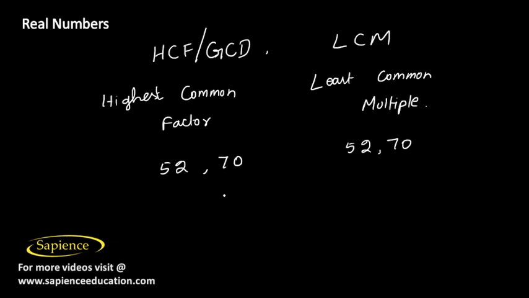So for finding HCF, we can use the long division method, in which we put 70 as the dividend and 52 as the divisor, and we will divide it normally. 52 times 1 is 52, and the remainder will be 18.